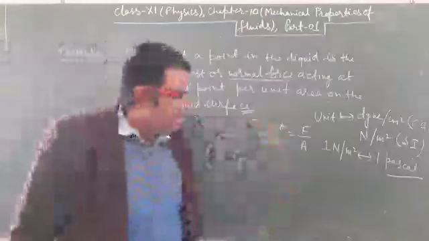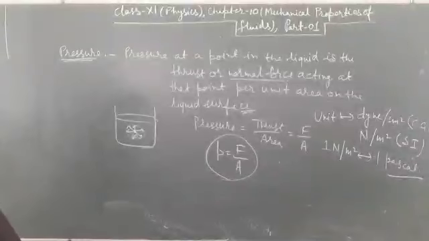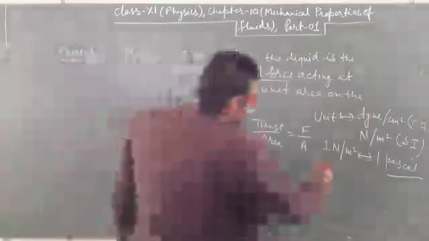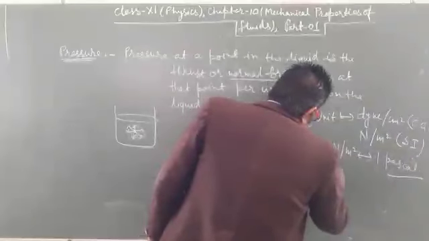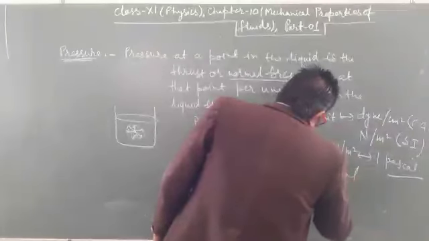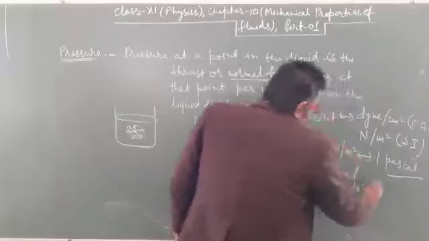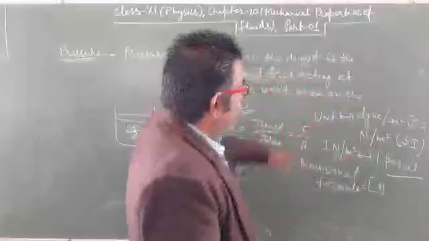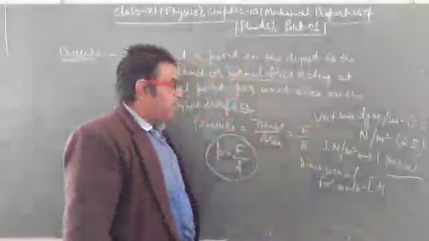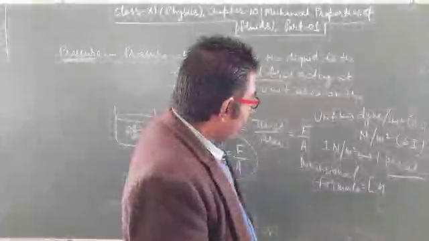So this is about the unit, and its dimensional formula is the dimension of force, MLT minus 2, divided by L square.